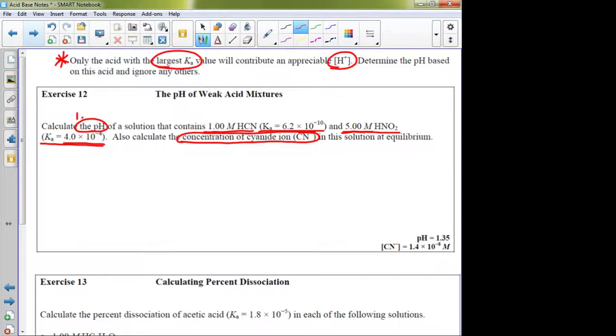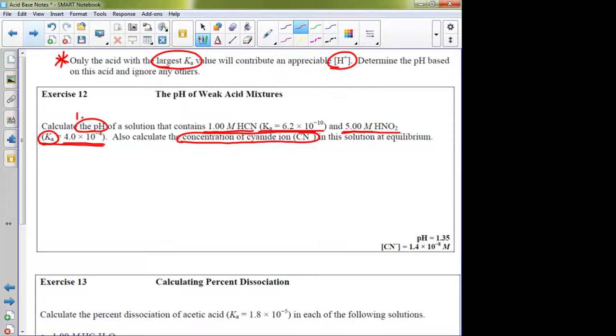Which one am I going to use? HNO2, because it has the larger Ka value, so that means it's going to dissociate more. So most of my hydrogen ions are going to come from HNO2. So I'm just going to ignore HCN for the time being.